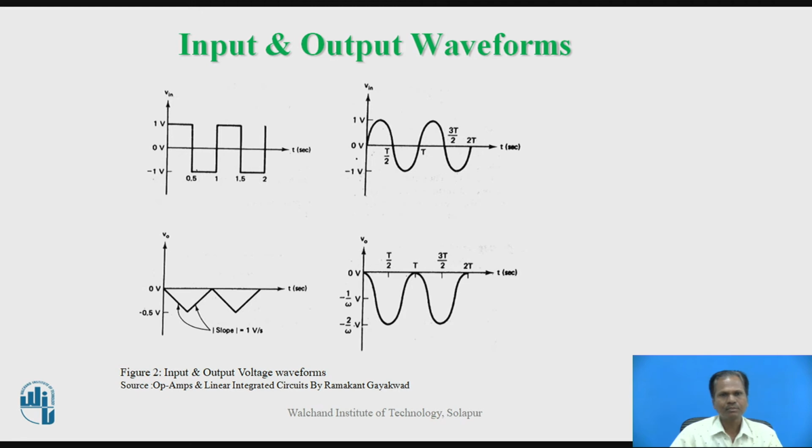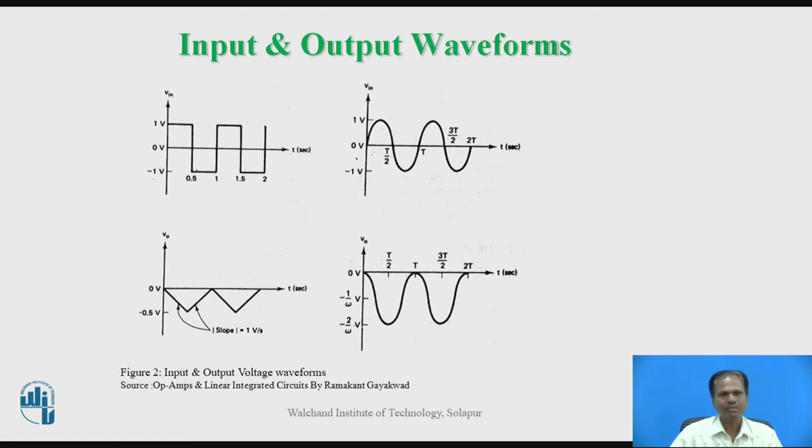The output has a negative sign with respect to the input signal. And if the input is a sinusoidal voltage signal, then the output voltage waveform will be a cosine wave signal. So integration of sine is a cosine, so the output will be a cosine wave voltage signal.